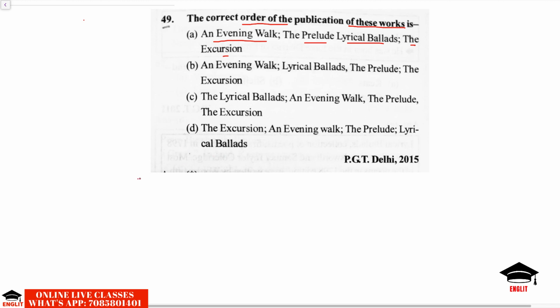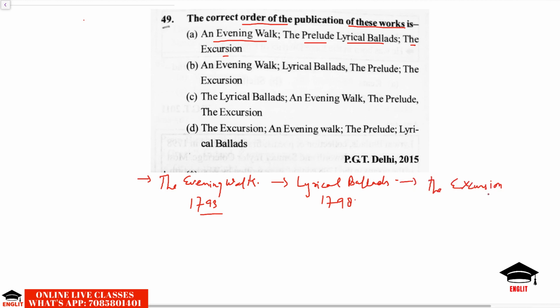The proper order should be: An Evening Walk was the first poem, published in 1793, and then comes Lyrical Ballads, published in 1798, and then the Excursion, published in 1814, and lastly the Prelude, which, as you know, was published in 1850. It was completed in 1805, but it was not published until the death of William Wordsworth. So none of these options is correct according to the chronological order.